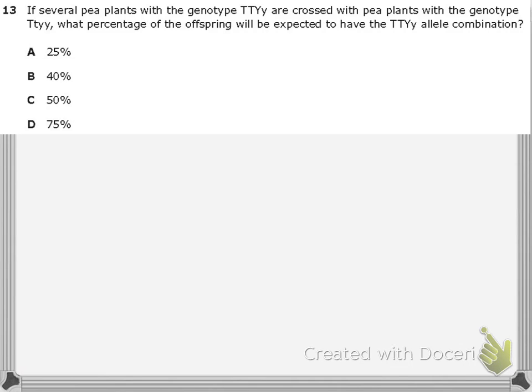So, for example, if I were to have a person with brown eyes who has a recessive allele for blue eyes, this big B means it's a dominant gene, so it's going to show up if you only have one of them, whereas this little b is a recessive gene, and blue eyes are recessive. It means that both parents have to give that gene in order for the offspring to have that trait.